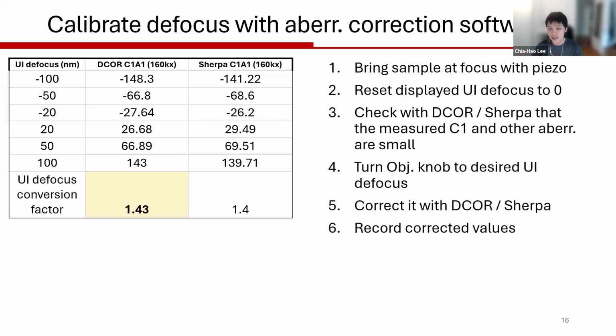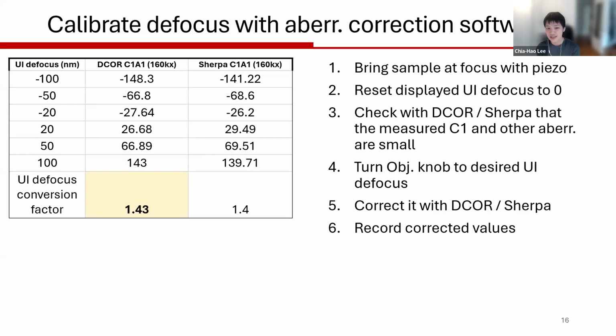And after that, once all the aberrations are aligned, you can just turn your objective lens knob to change your focus to, for example, 20, -20, 50, -50. You change that, and then you correct it with your aberration corrector software to see, based on the retrieved optics value from the microscope, what defocus value the aberration correction software thinks you're actually having.